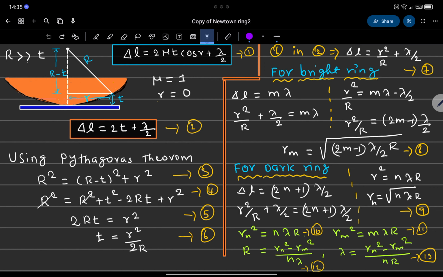Subtracting equation 11 from 10 gives this expression, and here if you know lambda, put that in the denominator and keep the unknown parameter on the left hand side, you get the radius of curvature of the lens. And if you know R and want lambda, you can find lambda using equation 13. That's all. Thank you.